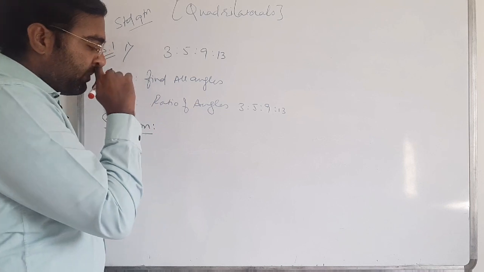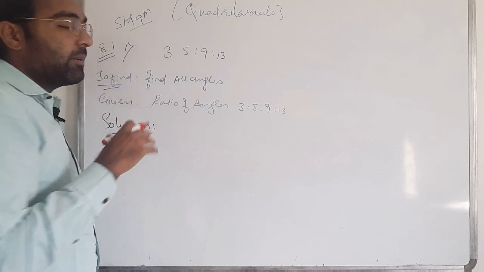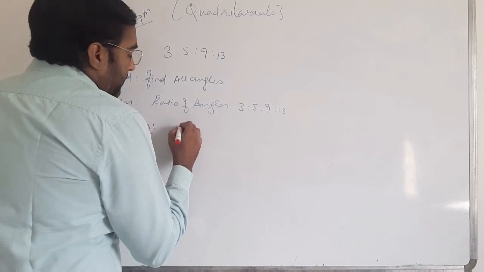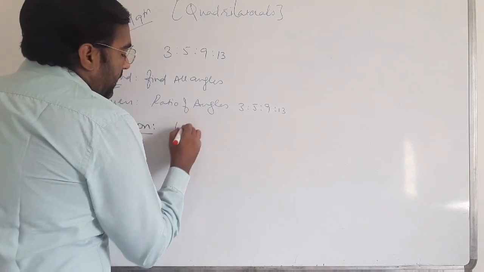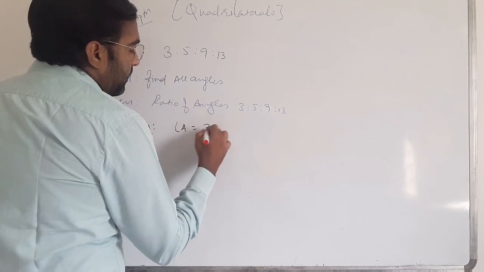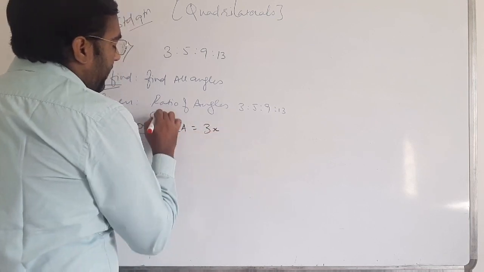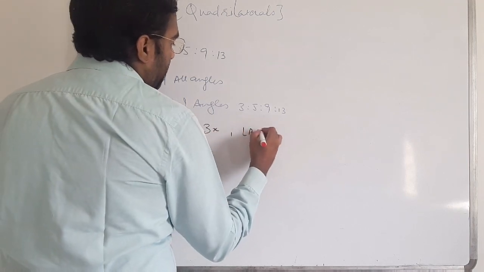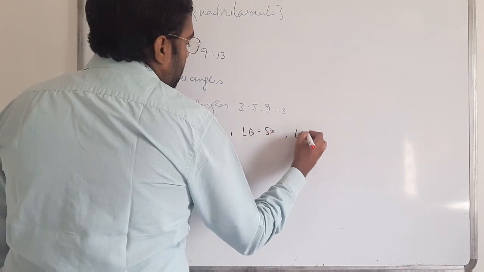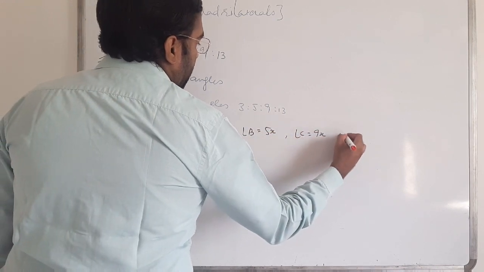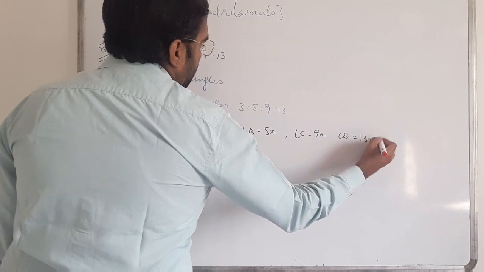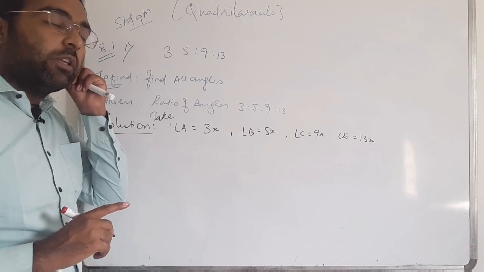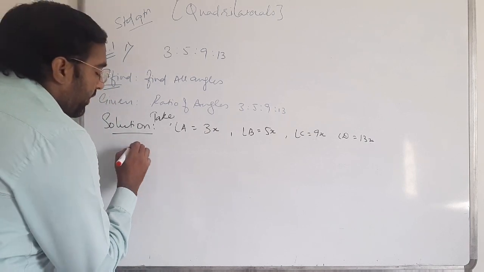So angle A is equal to 3x, angle B is equal to 5x, angle C is equal to 9x, and angle D is equal to 13x. I multiply the constant value x with all the numerical values of the angles.